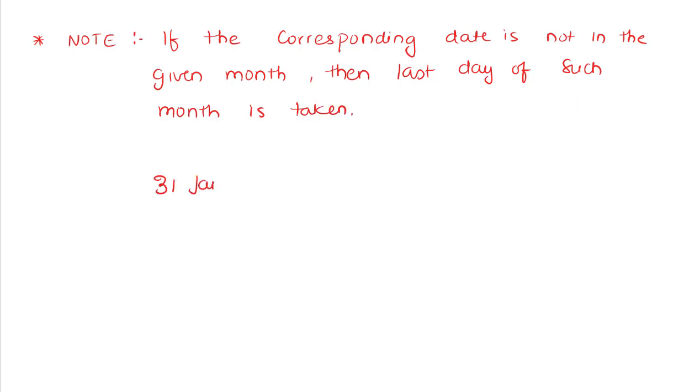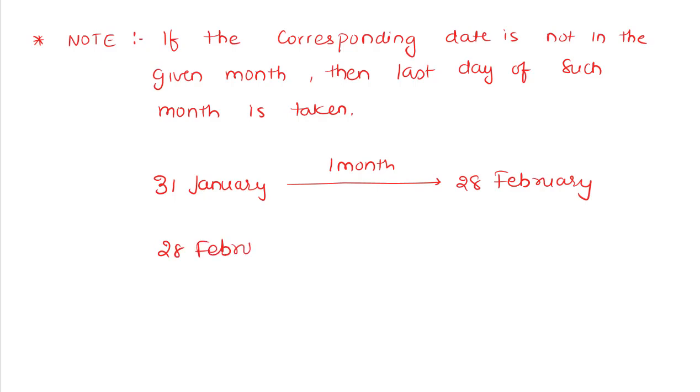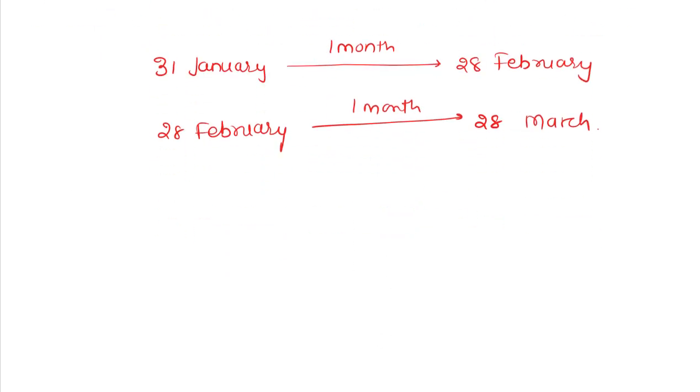Example, 31st January plus 1 month. So 31st February, but 31st February generally is not there. So 28th February is the last day of the month. 28th February plus 1 month, so 1 month completes on 28th March. I believe you understood. Let us continue.